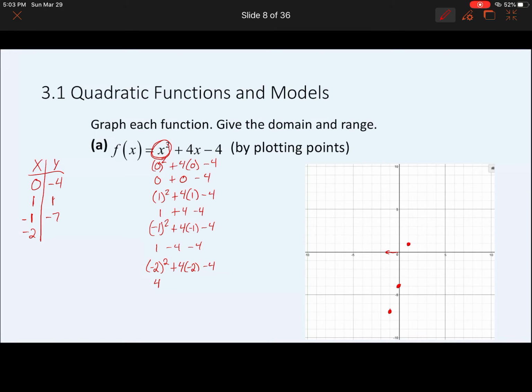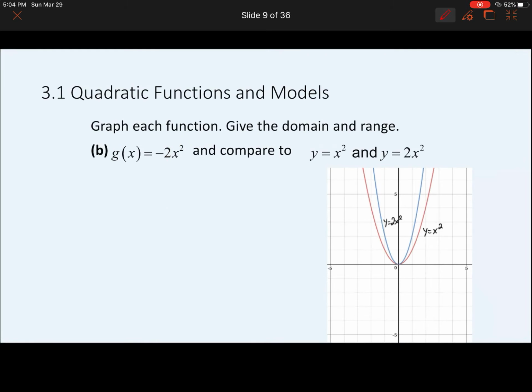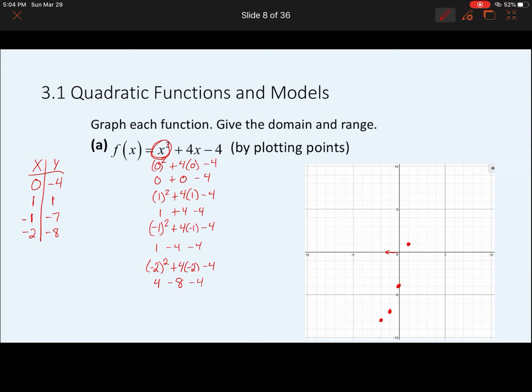So let's put in negative 2 for x. So again, if you take negative 2 squared plus 4 times negative 2 minus 4. Well, negative 2 squared is a positive 4. 4 times negative 2 is negative 8 minus 4.